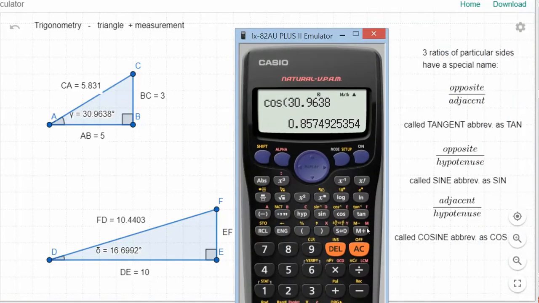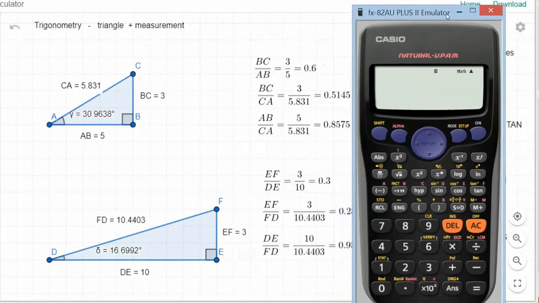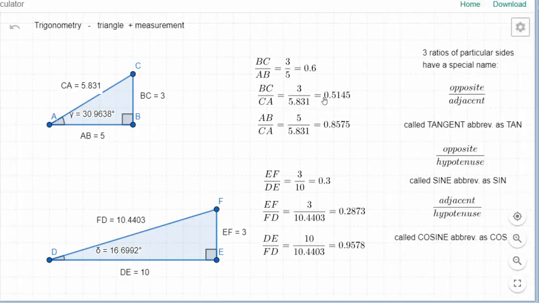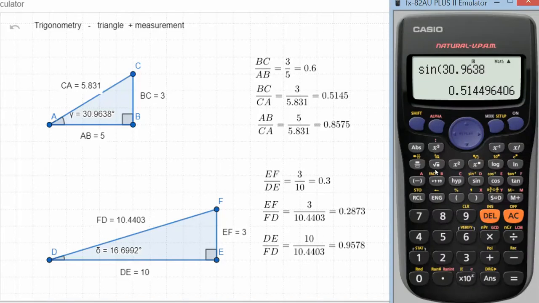If I press sine and type in 30.9638, we get 0.51 something, which is the sine ratio, that middle one. If I type tan, 30.9638, I get 0.6.